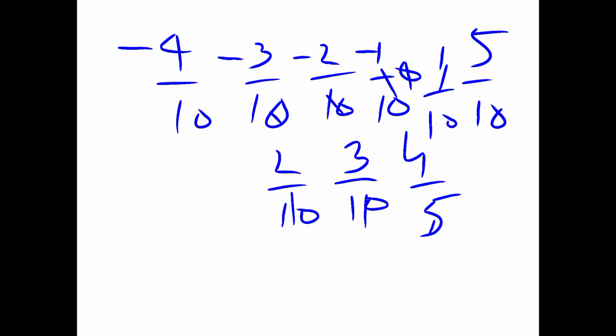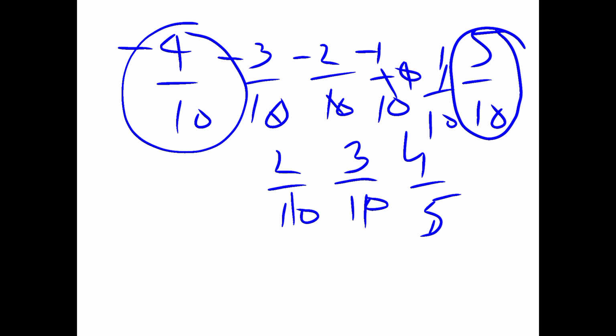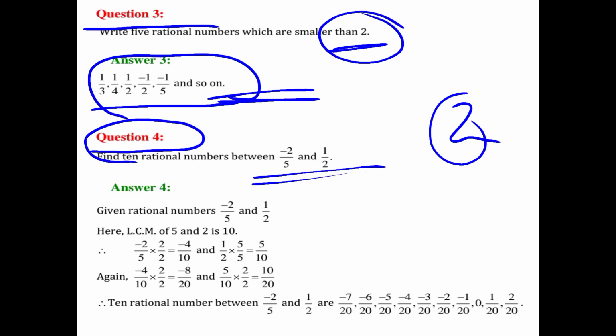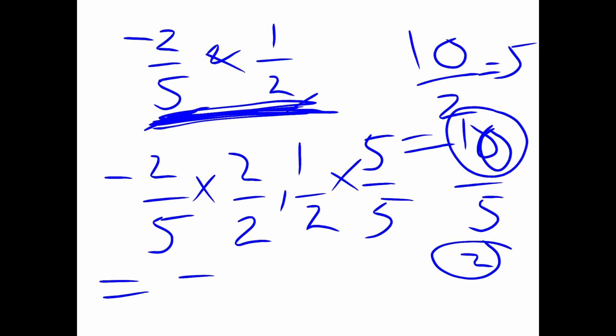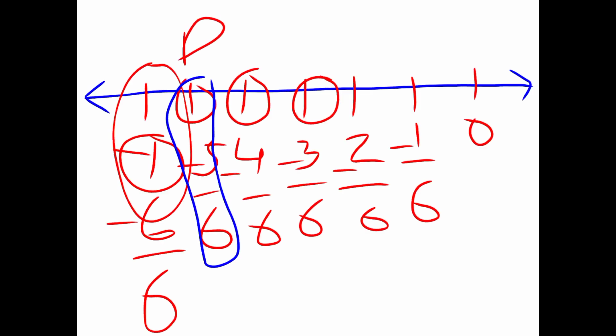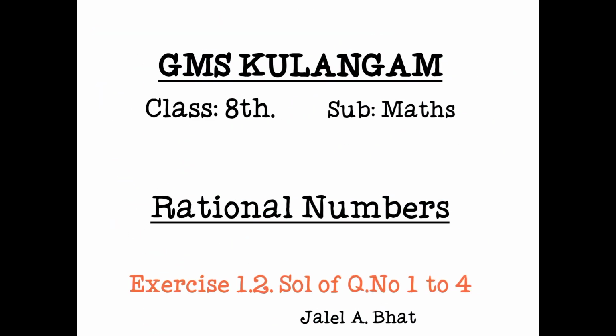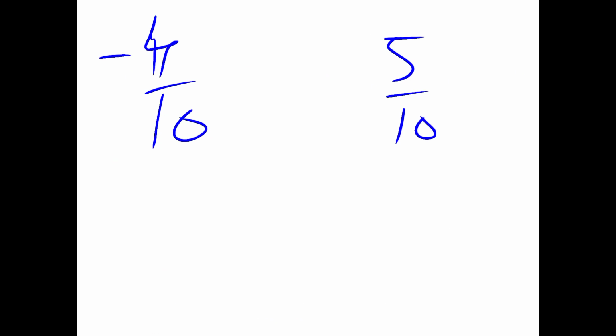So in this case, what we have to do is multiply both these numbers in the numerator and the denominator by a number, so that we can get more rational numbers between these two rational numbers. Let's try multiplying them by, say for example, 5 on both numerator and denominator.